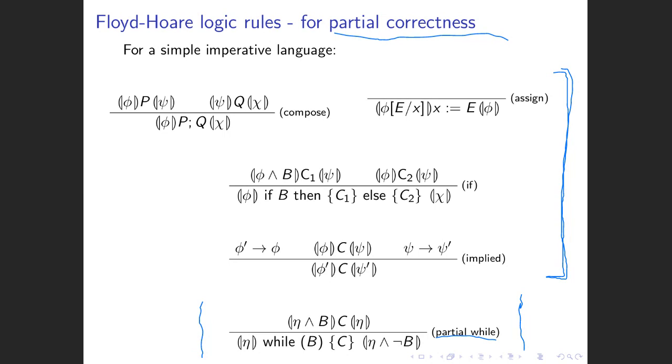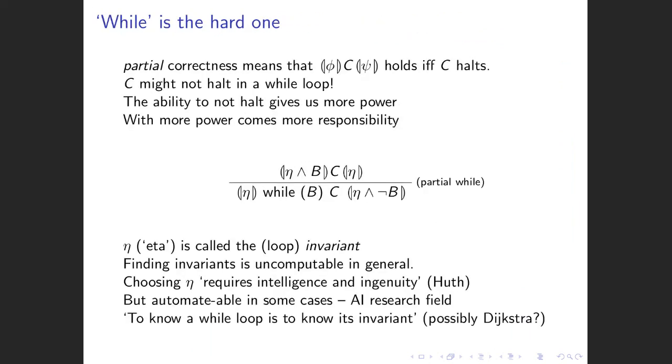And the while rule is the hard one. It's so hard it's got its own slide, actually. While is the hard one. While is always the hard one in everything. And it's because it's the one that gives you that extra computational power. Yeah. With great power comes great responsibility. If you can ever remove a while loop from your code, it's usually a good thing to do.